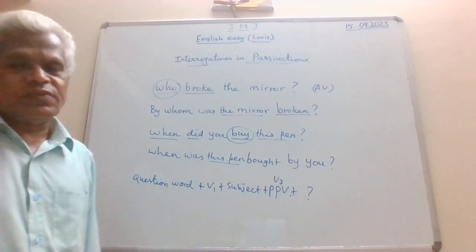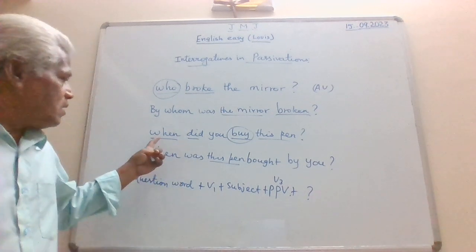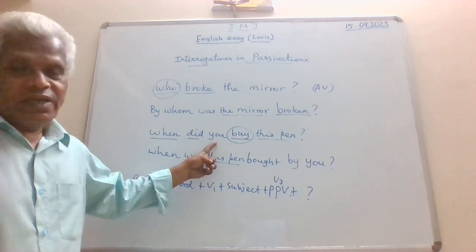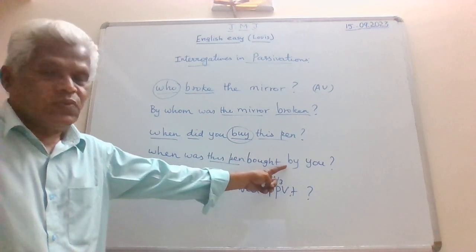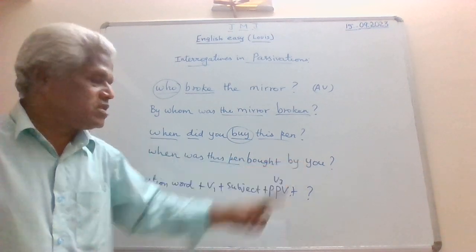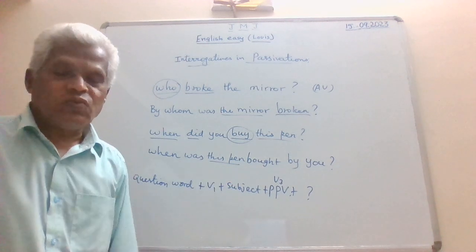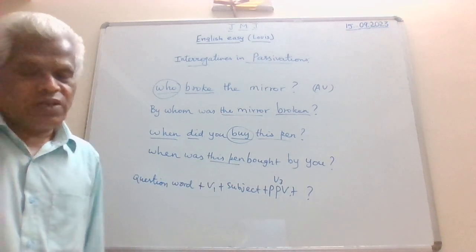You can call that verb 3 also. Then the preposition by, of course, and you is the object. So when was this pen bought by you? When did you buy this pen? Direct voice or active voice.